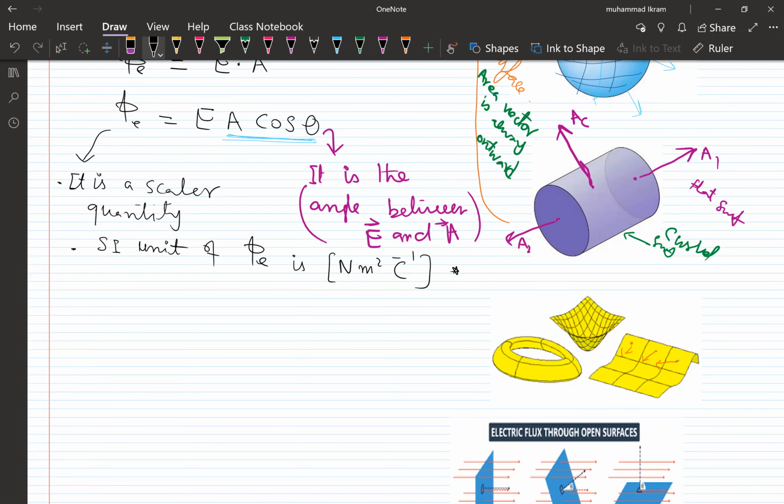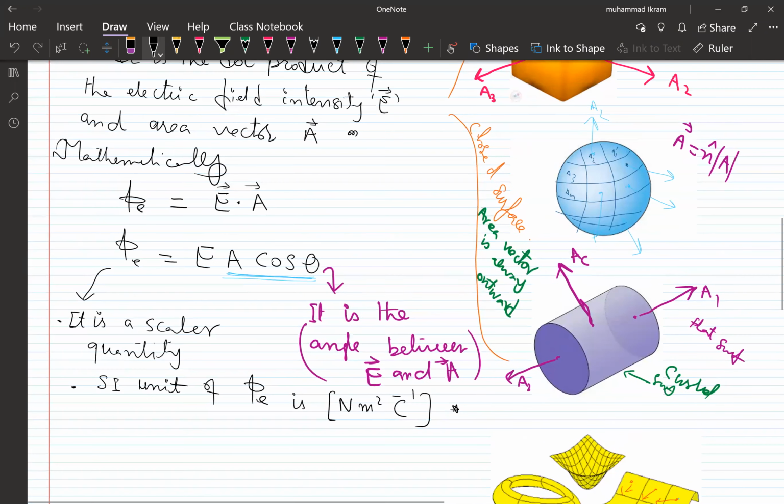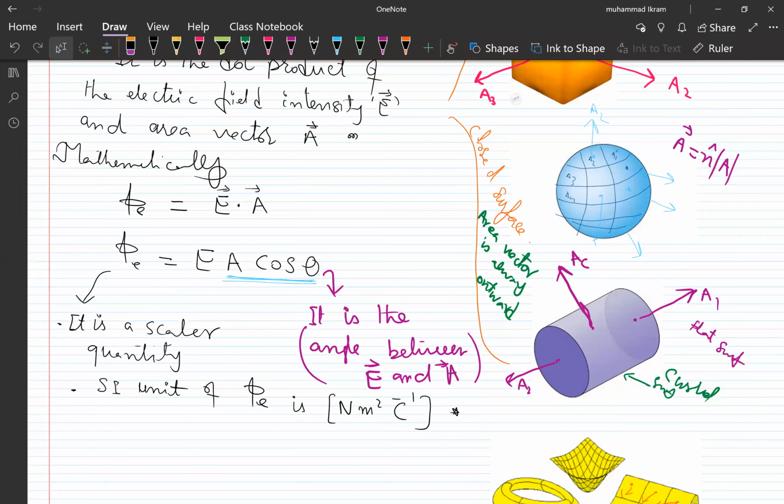Now this electric flux, there are many important points which I want to explain. One, your electric flux may be positive, the electric flux may be zero, and the electric flux may be negative also, right?